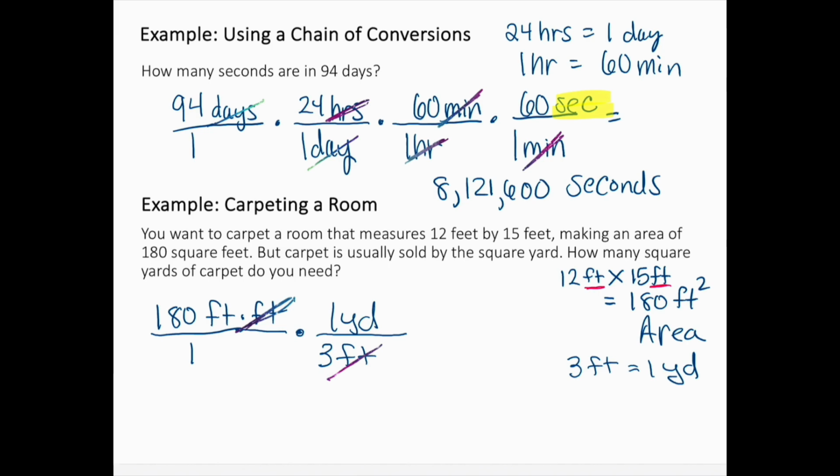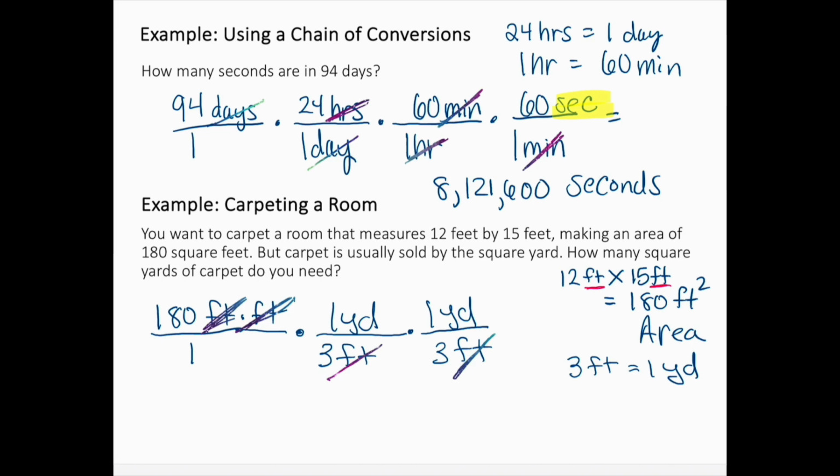So to handle this, I'm going to multiply again by 1 yard over 3 feet. That way I can cancel off the feet here with this last feet here on the top. And now I'm left with yards times yards on the top, which is yards squared.